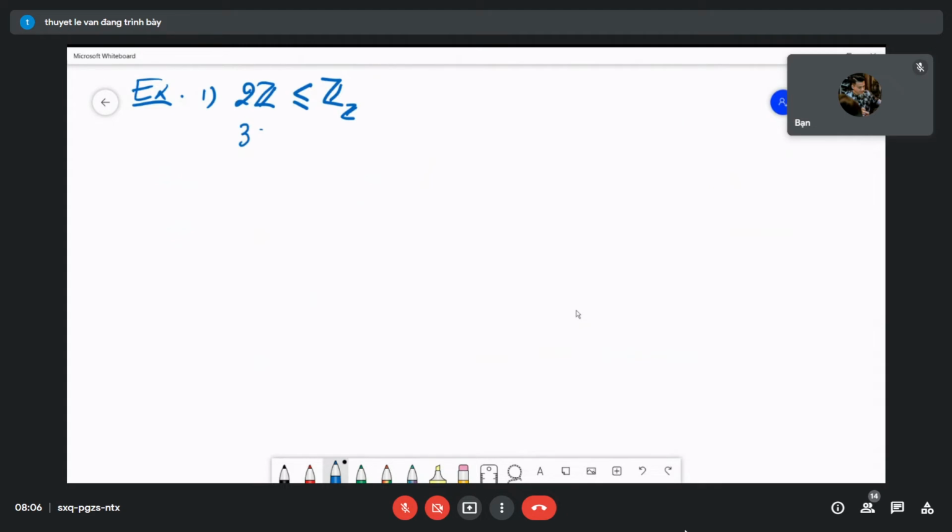Okay, I can draw it here. So that is 0, here is 1, and here is 2. I will write 2Z here: 2, 4, 6, and also 0.